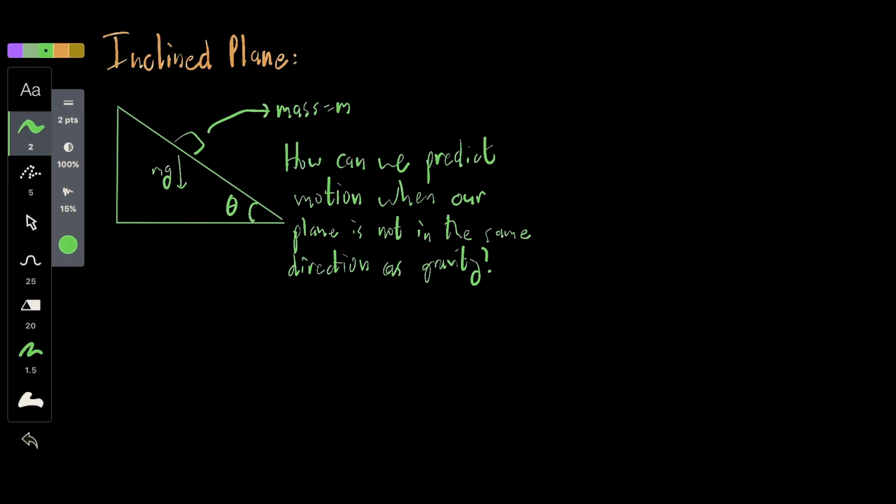One component is perpendicular to the plane and is going inwards, so like this. This is mass times gravitational acceleration, so the weight of the object, times cosine of theta. And one direction parallel to the plane, which is mg sine theta.